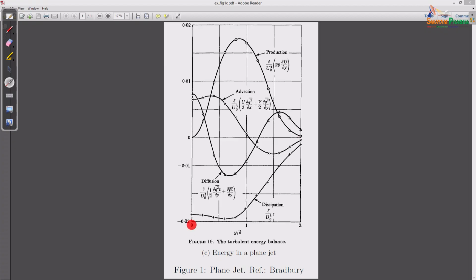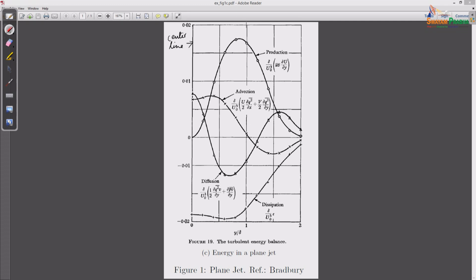And if y is 0, which is essentially this line, this line is y equal to 0, this is the center line. Okay, so let's just say this is the center line.